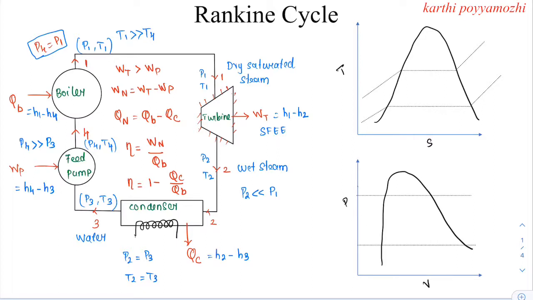And now we can represent this steam power plant in the TS diagram. Consider this at the state point 1, where the steam is a dry saturated steam.